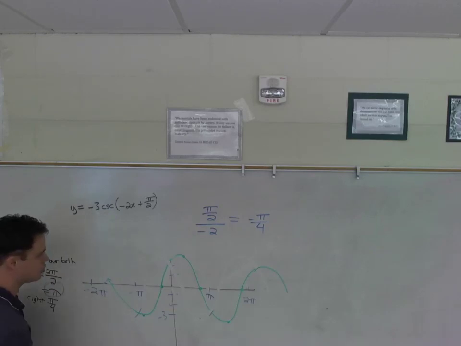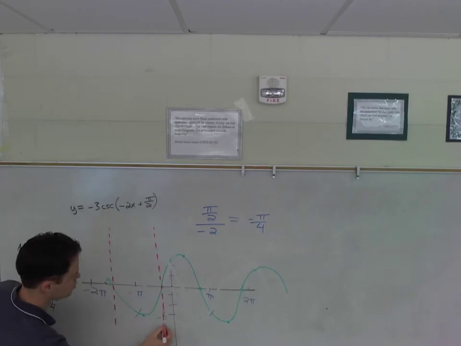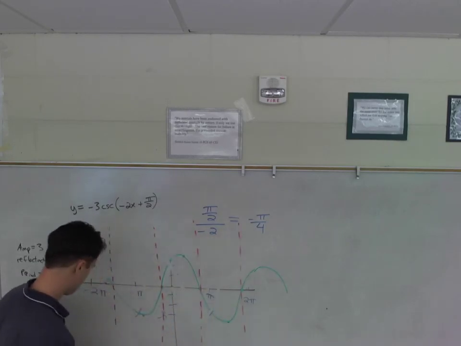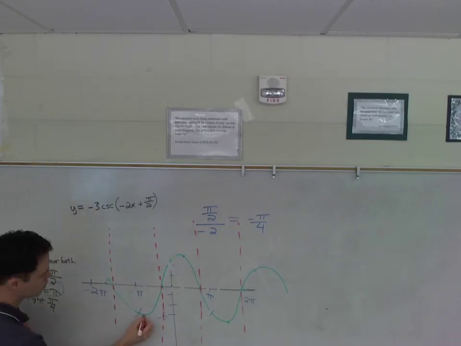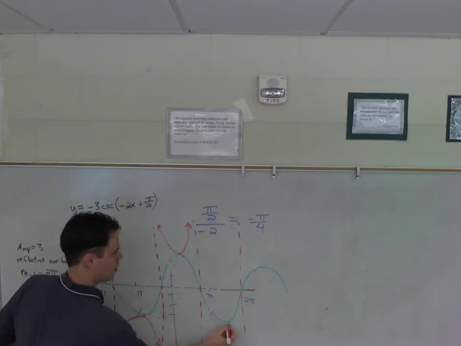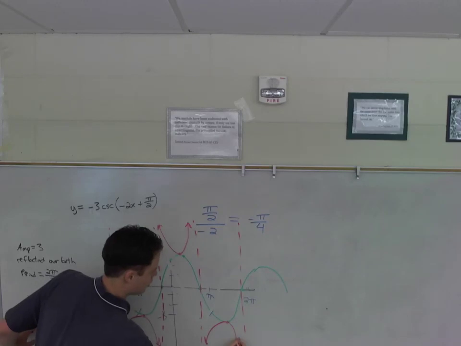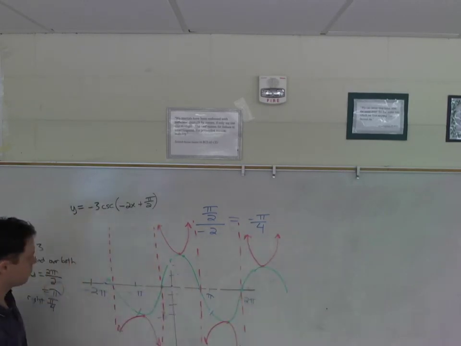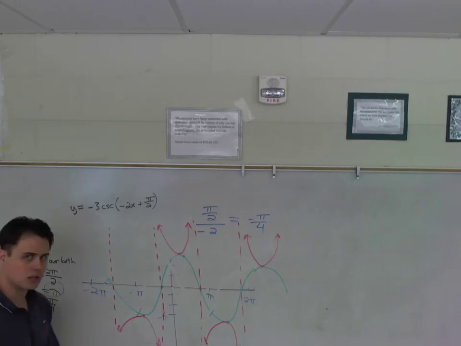So now you're going to put your asymptotes in, right through those intercepts, or in other words, around the peaks and valleys, and draw in your actual cosecant parabola-ish guys, because they're not really parabolas. We would have another one over here, but we've got it. I hope that some of those tricks and techniques helped out.